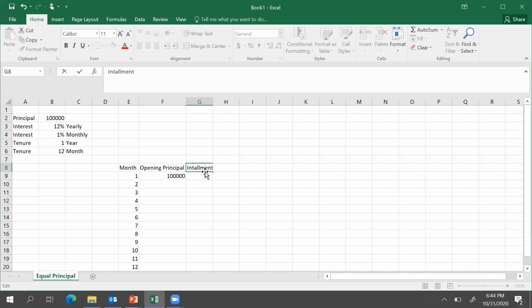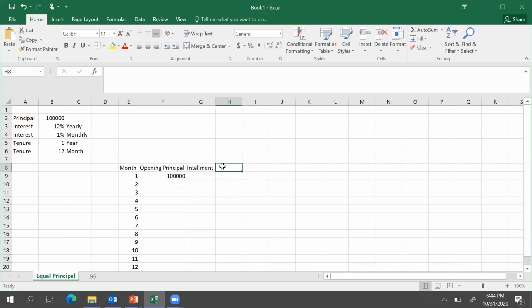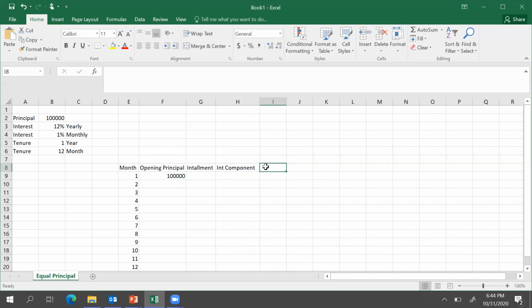What is the total cash flow that the bank is having? Out of that installment, what is the interest component, and what is the principal component? And finally, what is the closing principal after you have paid this particular installment for this particular month?